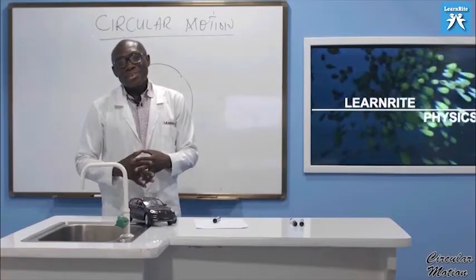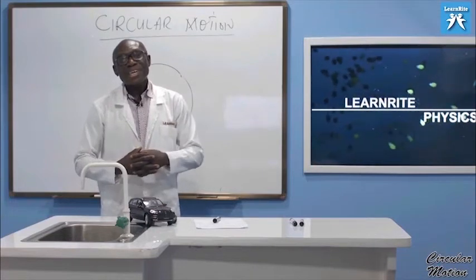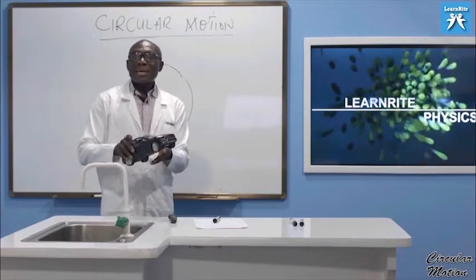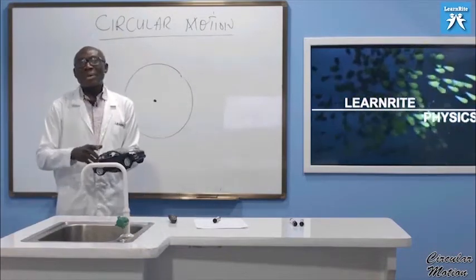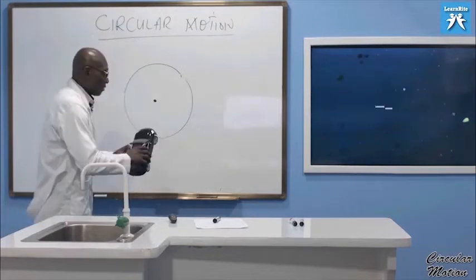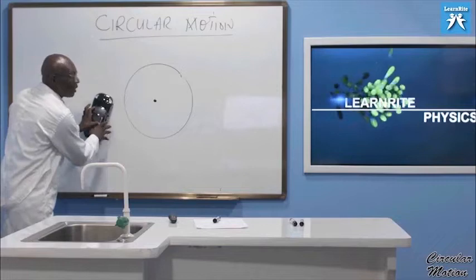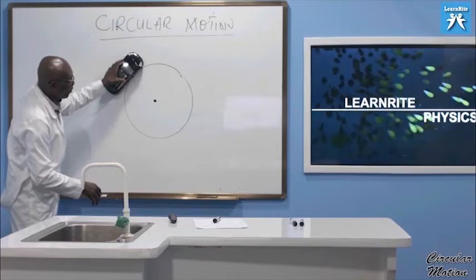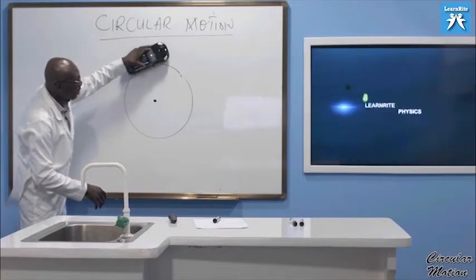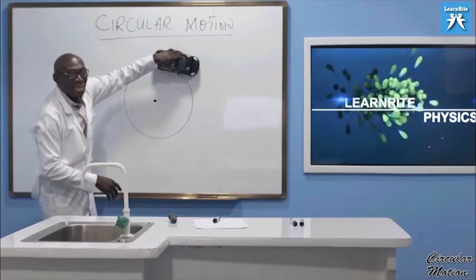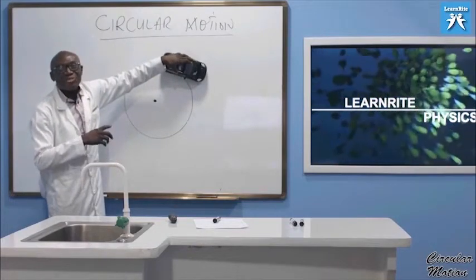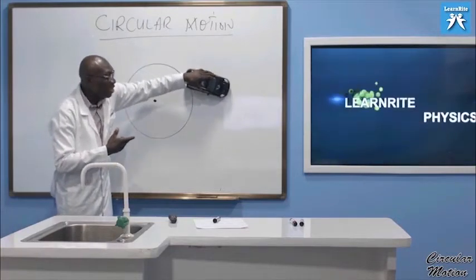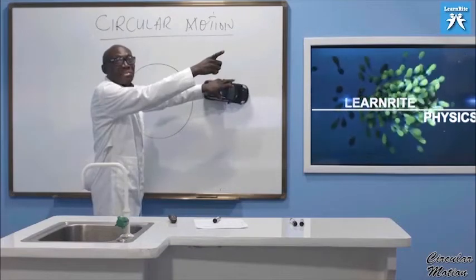I'm going to do some demonstrations for you. And to start with, I have a car with me here. A car. And this car is supposed to negotiate a bend. Now watch this. The car moves along this part of the circle. Now let's assume that the car decides not to complete the circle, but will join a route and then leaves this way.